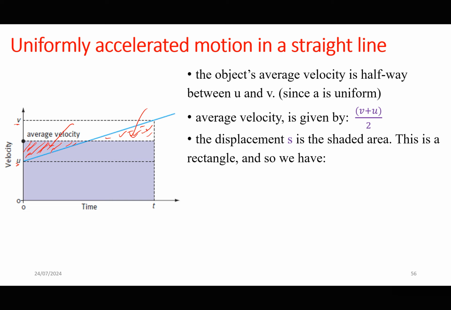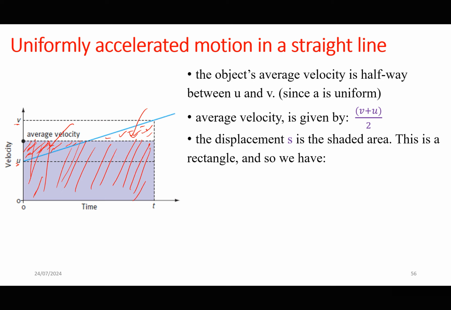Instead of finding the area of the rectangle, I would just find the area of the triangle, as we have done in the previous slide, plus the area of the rectangle. However, I'm saying the displacement in this case can also be the area of the rectangle for the whole of this shaded part. Yet we know that the displacement is supposed to be the area under the graph.